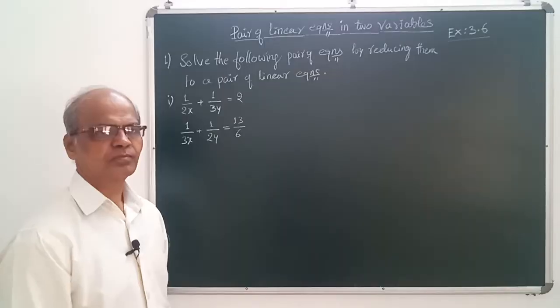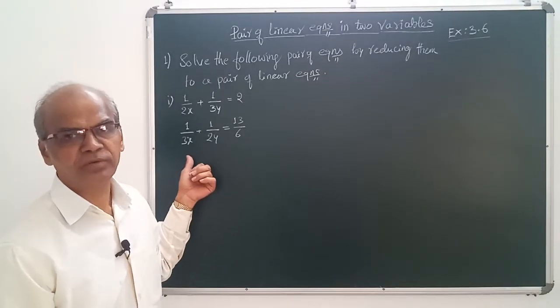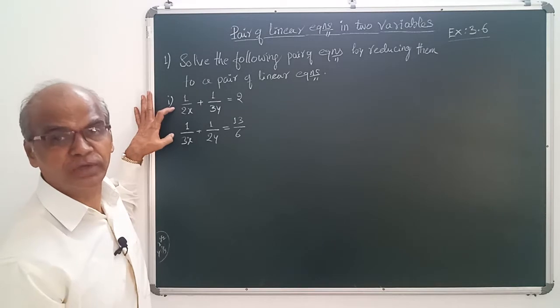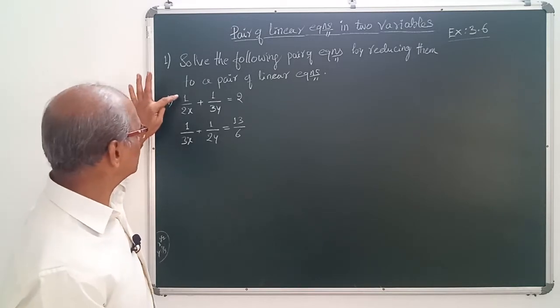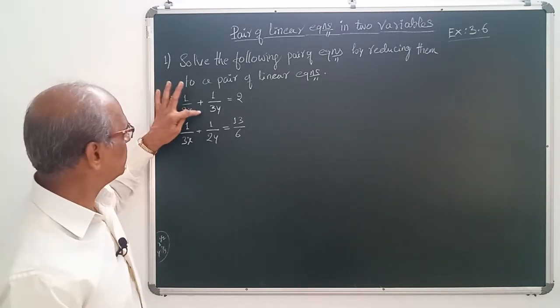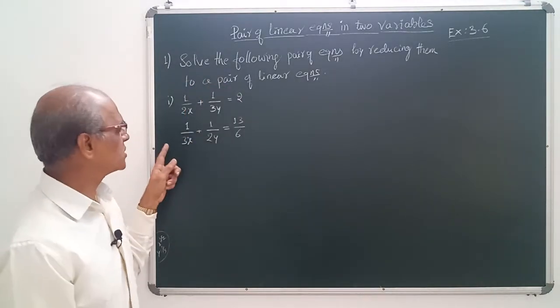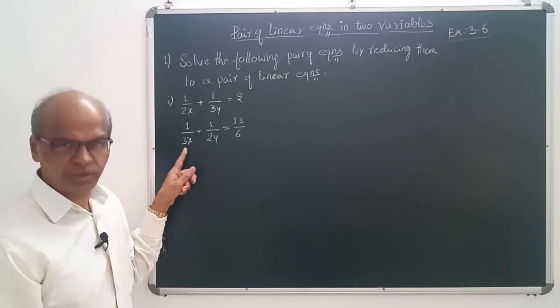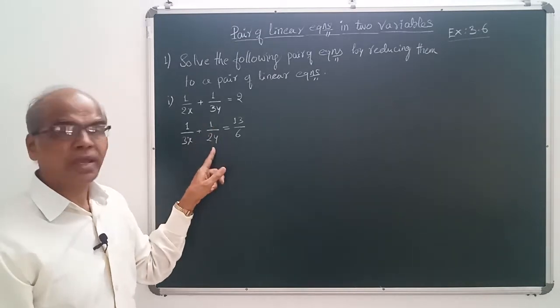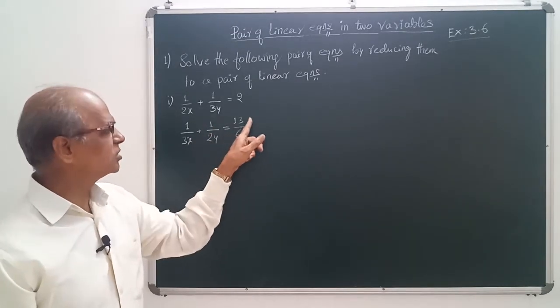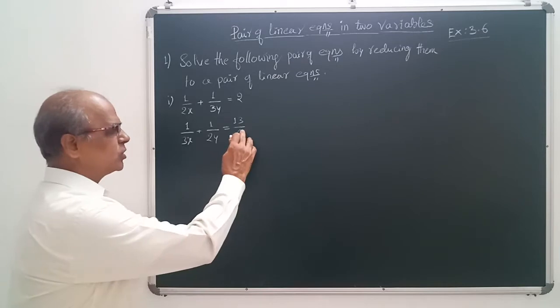One more equation. Okay, see here, this is the second one. So this forms a pair of linear equations. The first one is 1 by 2x plus 1 by 3y is equal to 2, the first equation. The second one, 1 upon 3x plus 1 by 2y is equal to 13 by 6. Now what we have to do?